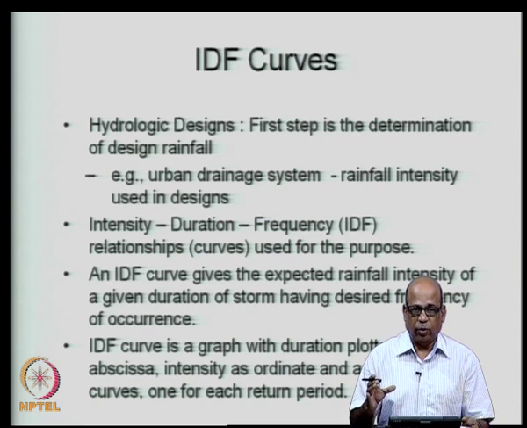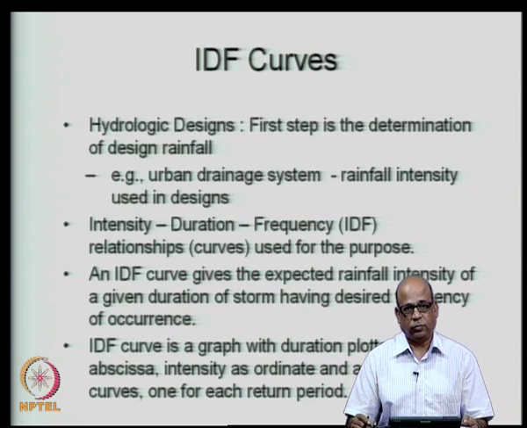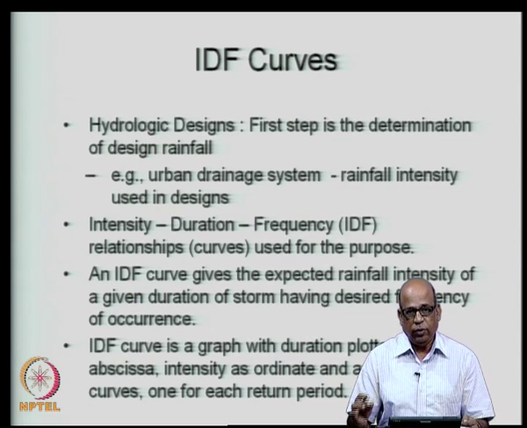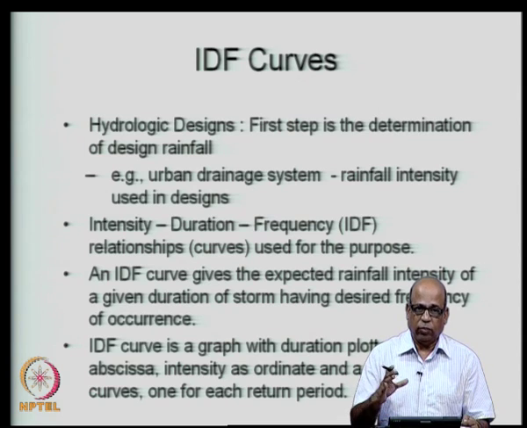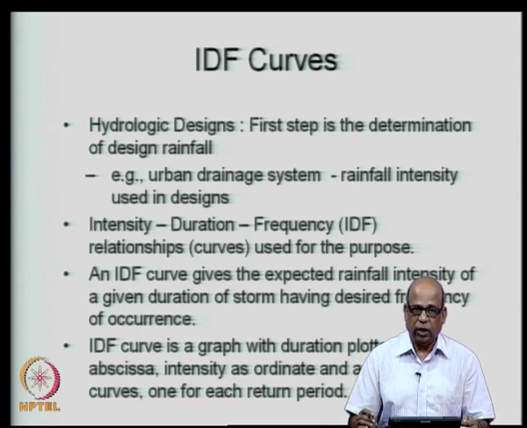Let us say you are talking about design intensity corresponding to a half an hour duration of rainfall, a 1 hour duration, a 24-hour duration, and so on. The design duration itself will depend on several other aspects of the catchment, for example, how fast the flow can take place in that particular catchment, which is related to what is called the time of concentration, and so on.